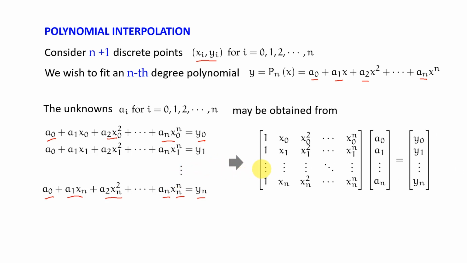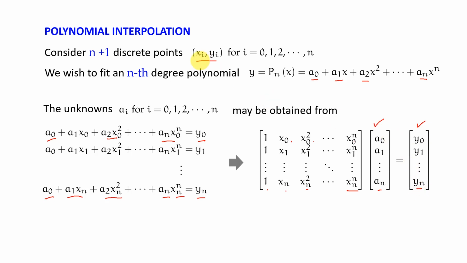So in matrix form, I can write this as a coefficient matrix, which is 1, x0, x0 square up to x0^n, and the last row is 1, xn, xn square up to xn to the power n, multiplied by the unknown column vector a0, a1 up to an, and on the right hand side I have the column vector y0, y1 up to yn.